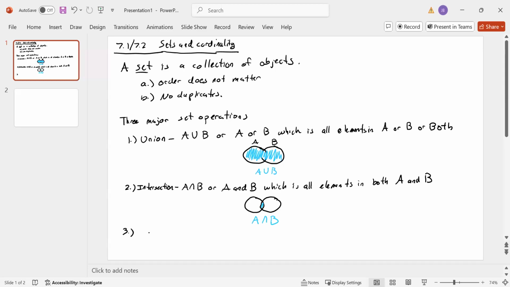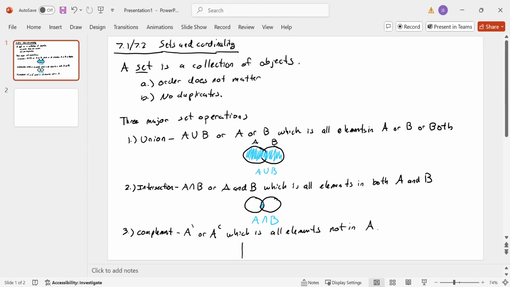And then the last one was the complement. So the third one, the complement. So A prime or A^C, which is all elements not in A, right?